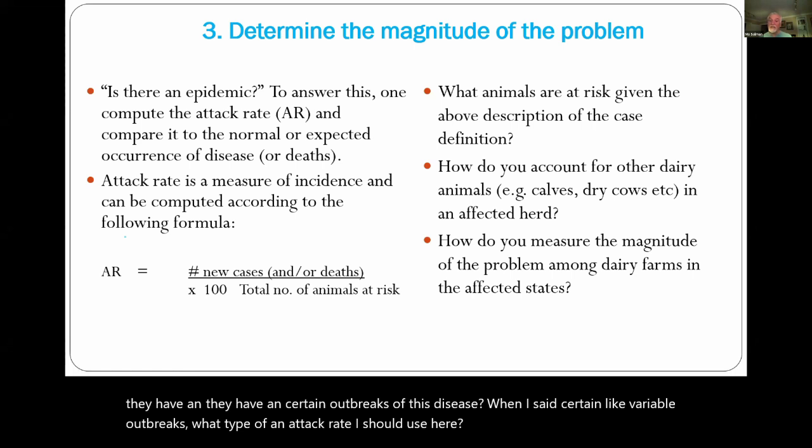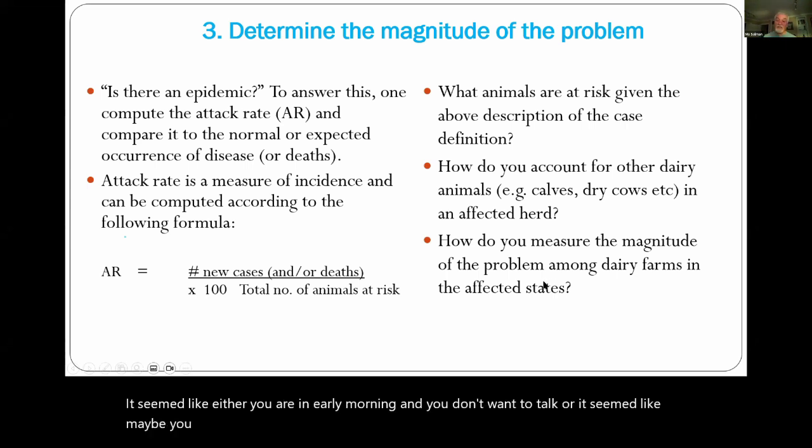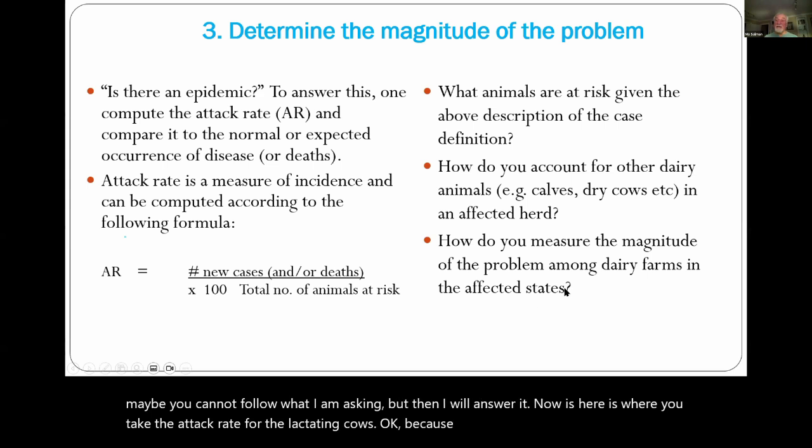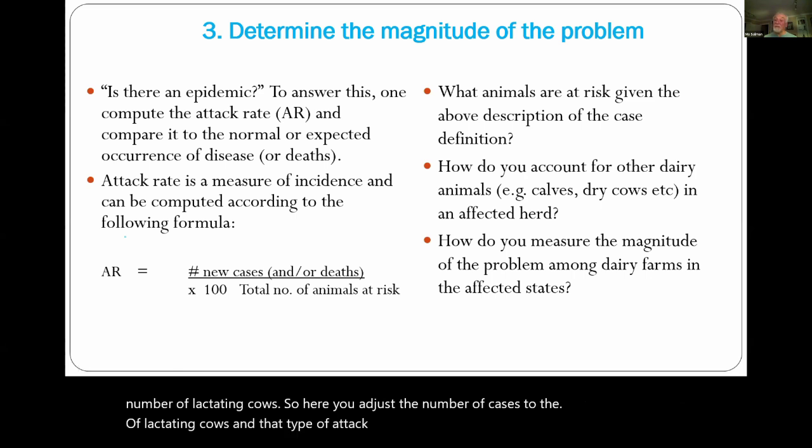Well, it seemed like either you are in early morning and you don't want to talk, or maybe you cannot follow what I am asking, but then I will answer it now. Here is where you take the attack rate for the lactating cows, because each dairy farm has a different number of lactating cows. So here you adjust the number of cases to the number of lactating cows, and that type of attack rate you can compare between different dairy farms.